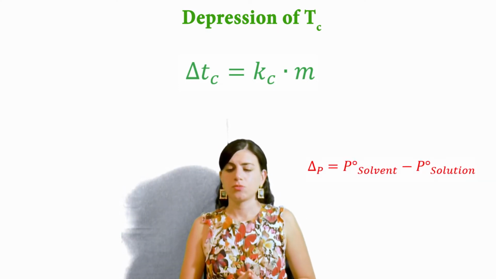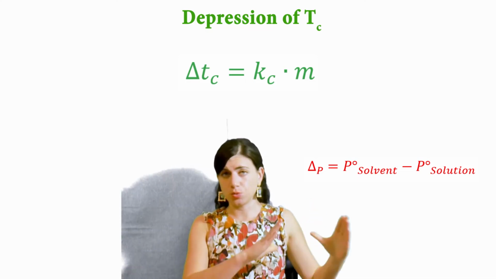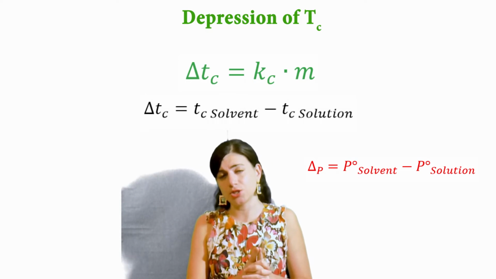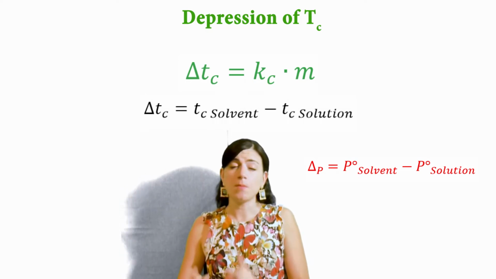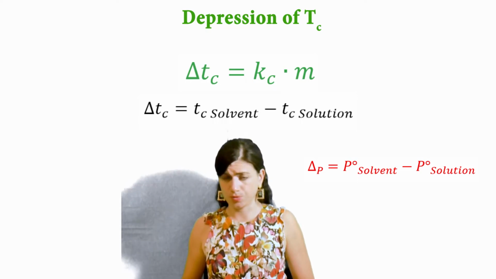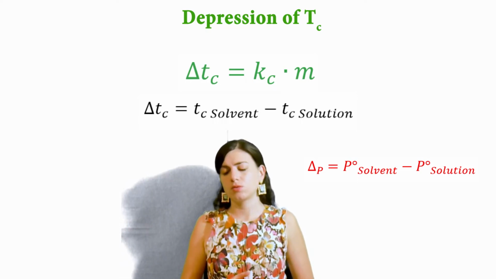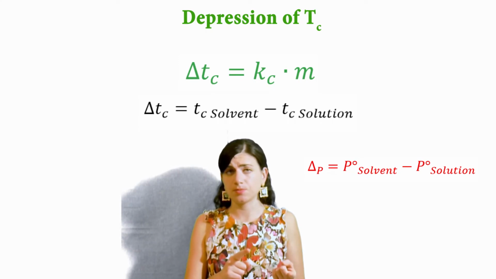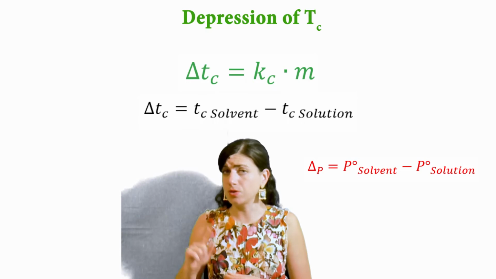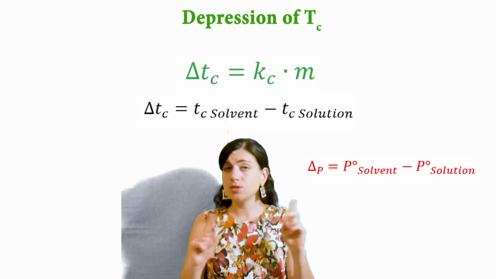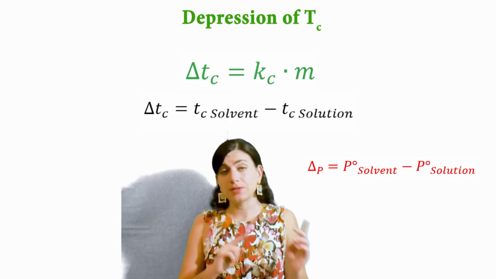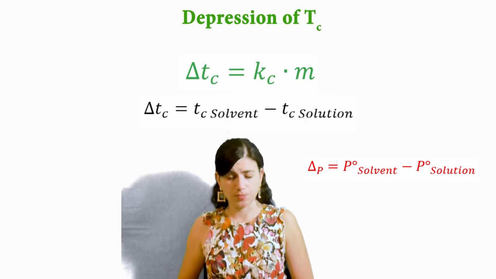So it will be the difference between the temperature for crystallization of the solvent minus the temperature for crystallization of the solution. Because the temperature for crystallization of the solvent is greater than that of the solution, you have to put it in this order, because you always have to have delta greater than 0.